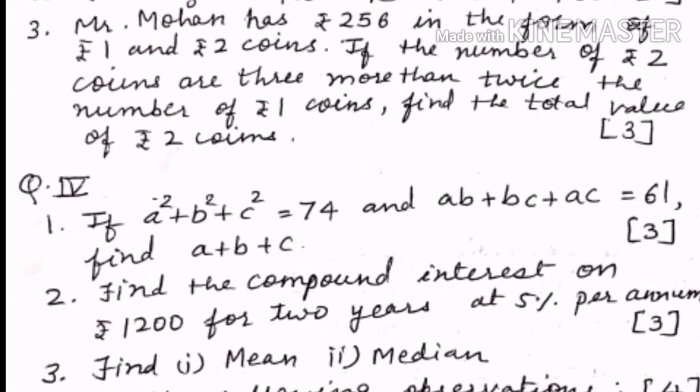So you have to take, let the rupee 1 value and rupee 2 value x and y. Okay, and then you have to form two different equations, and then you have to solve it to get your x and y values. Then question number 4 is, if a square plus b square plus c square is equal to 74 and ab plus bc plus ac is equal to 61, find a plus b plus c.